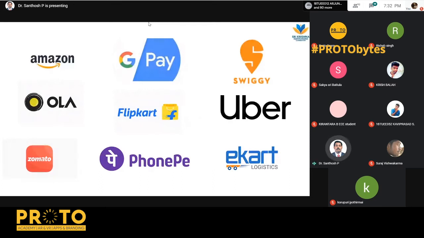From your mobile phone, from your bank account, your bank is somewhere. Do you have your bank with you? No. It is located somewhere. Their servers have all the details. That is connected to your GPay or PhonePe, whatever it is. From this application, it is communicated to the server, they authenticate, and then it is transferred to the end user account. Everything happens in a fraction of a second.